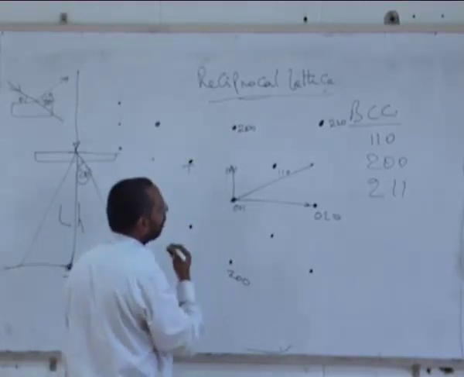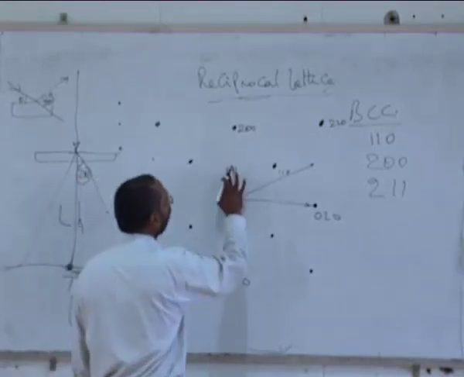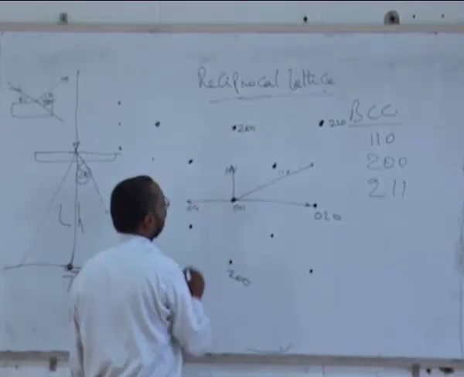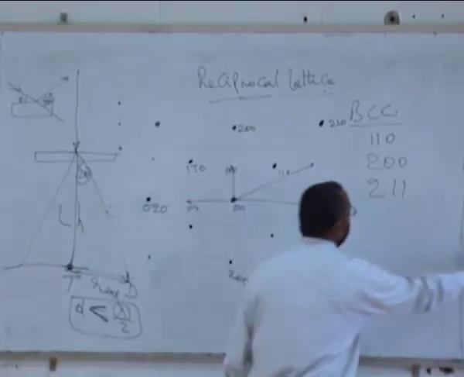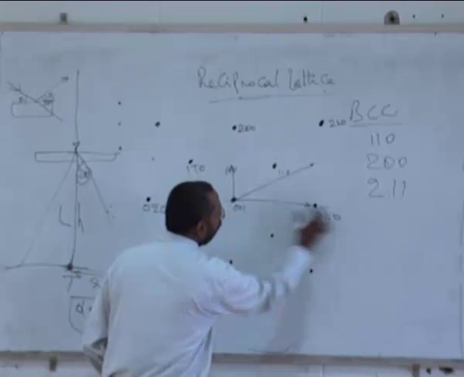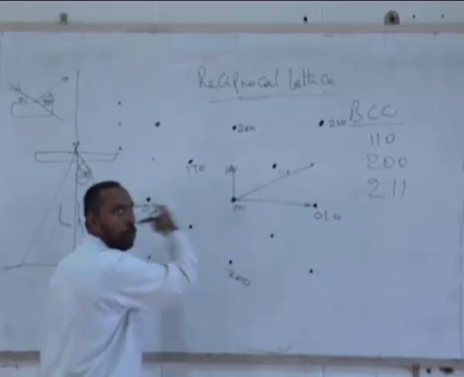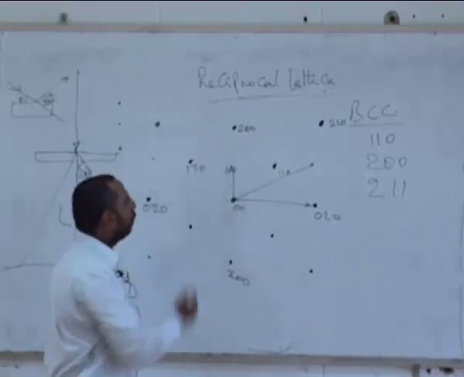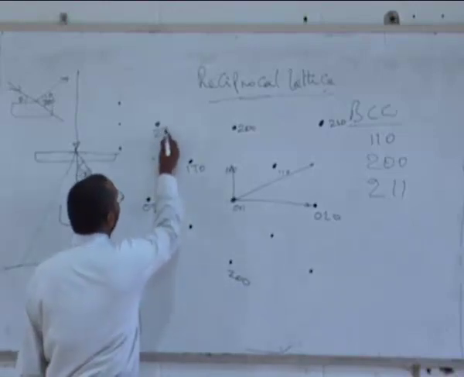Are you sure? No. What is this vector? This is the 1, 0, 0 vector, and this vector is the 0, 1 bar, 0 vector. The summation of this is the 1, 1 bar, 0 vector. Because if this is the 0, 1, 0 direction, this is the 0, 1 bar, 0 direction. This is a negative of that, whereas this is positive. So you will see this is 1 bar, 1 bar, 0, and this will be 2, 2 bar, 0.